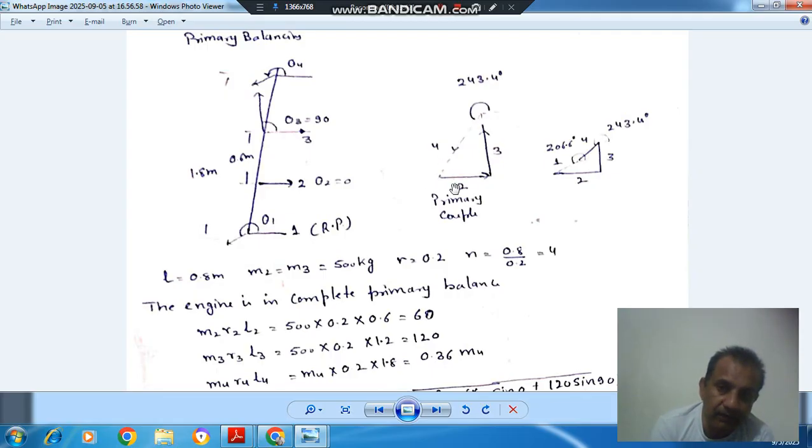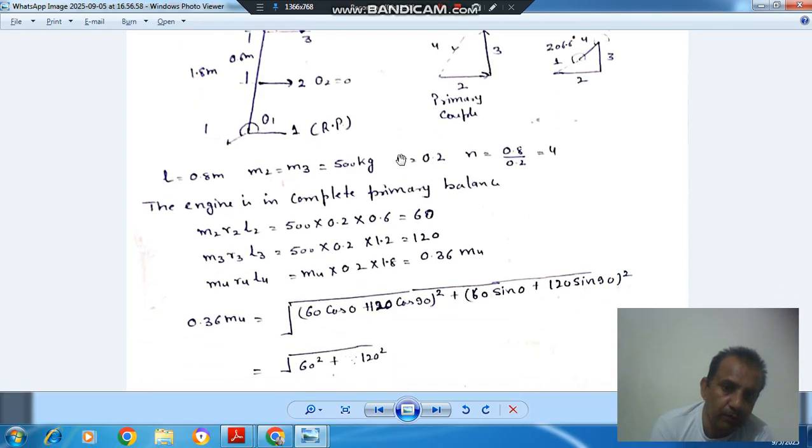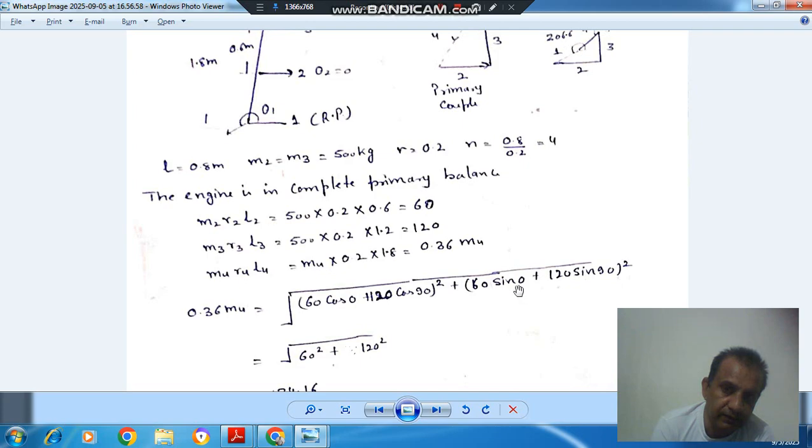By graphical method you can draw this and then measure this angle. Or by analytical method we have to take the cos component of it, cos 0 and cos 90, and the sine component of it. This is at 0 degree, this is at 90 degree, and square and add.